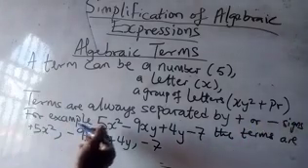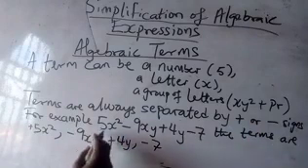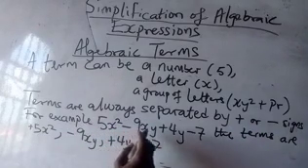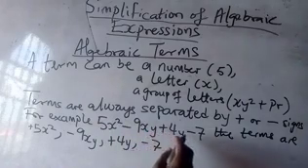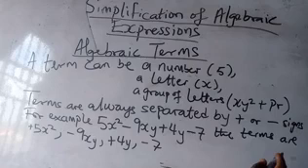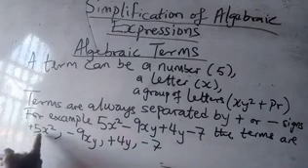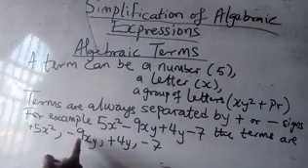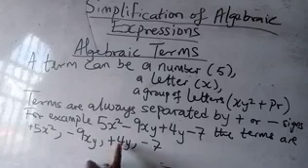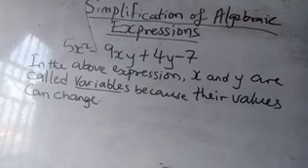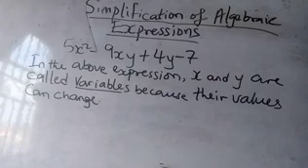For example, let's look at this expression: 5x squared minus 9xy plus 4y minus 7. The terms are 4 in the expression. The first one is plus 5x squared, minus 9xy, plus 4y, minus 7. In the above expression, x and y are called variables because their values can change.